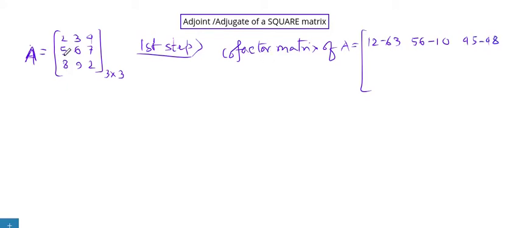Then come to the second row. The first element is 5, with a plus minus sign, so 5 would be replaced by its cofactor. The cofactor of 5 is here 36 minus 6. Then the cofactor of 6 is 4 minus 32.